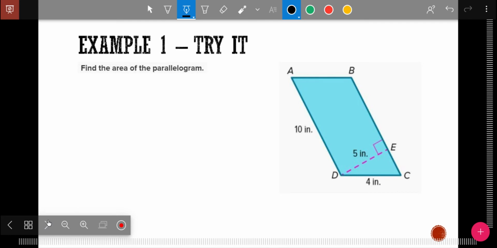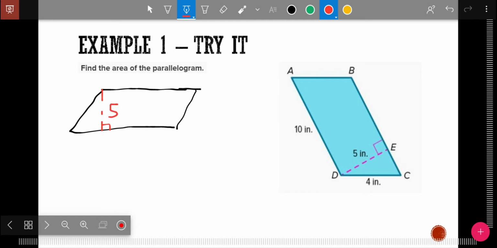Next example here, and if you want to pause the video and give it a try, you could go ahead and do that. I recommend that you redraw this shape because it will make more sense to you, especially if you're struggling with this. The height here actually does go up and down. So if you redraw it, that 5 goes there.